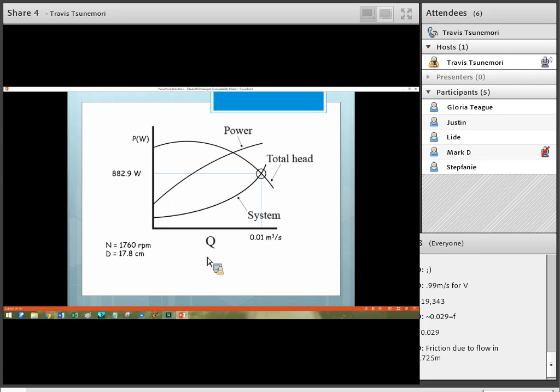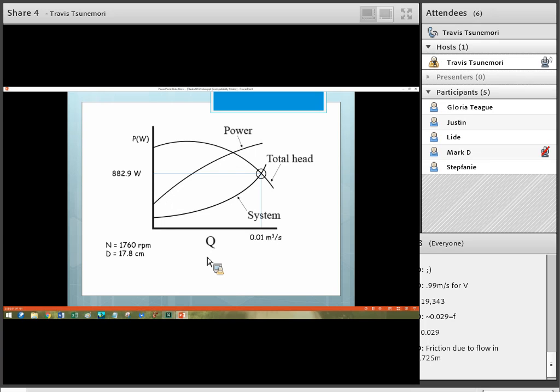Okay, so looking at this graph, we've got the system characteristic curve and the pump performance curve intersection, right?